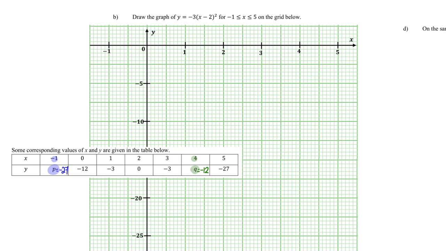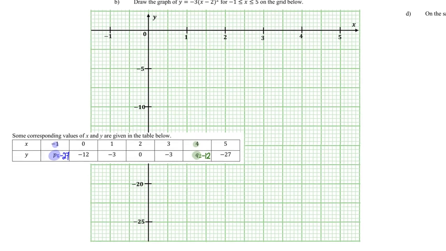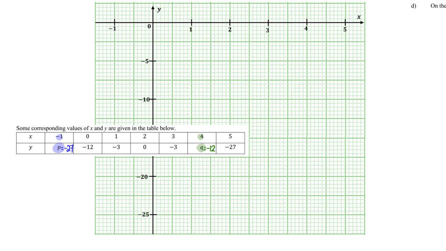Okay, now the first value happens when x is -1 and y is -27, so that will be here. Do take note that -26, -27 will be here, all the way down there.